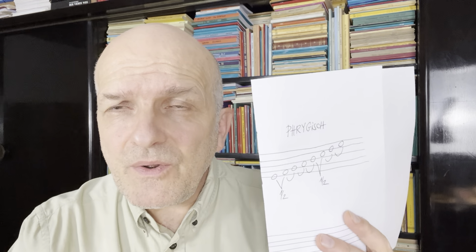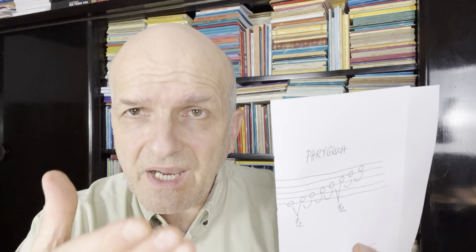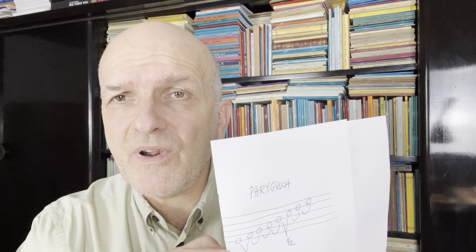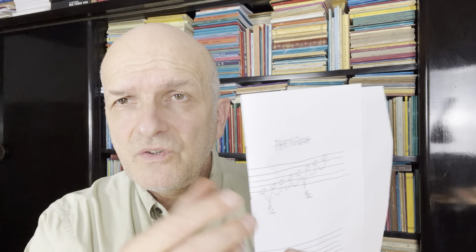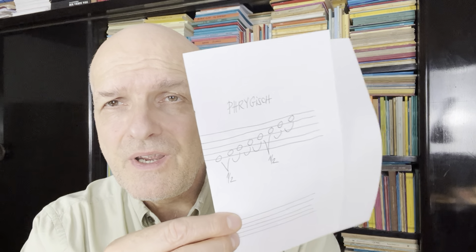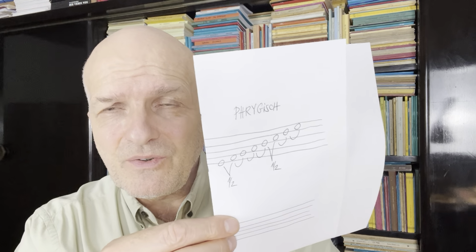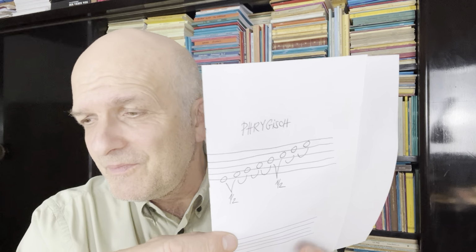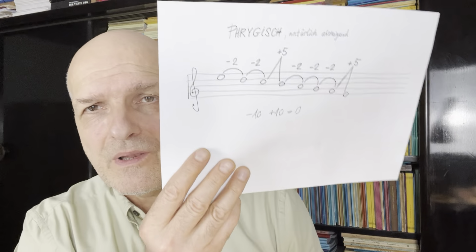So the archaic, original Phrygian mode disappeared as soon as polyphony came. So it was out of use long before modulation came into music. And so we cannot use it. It's so powerful.